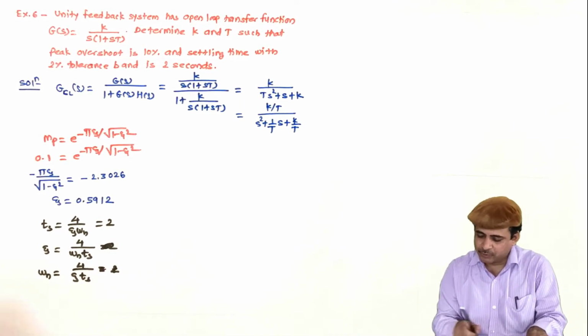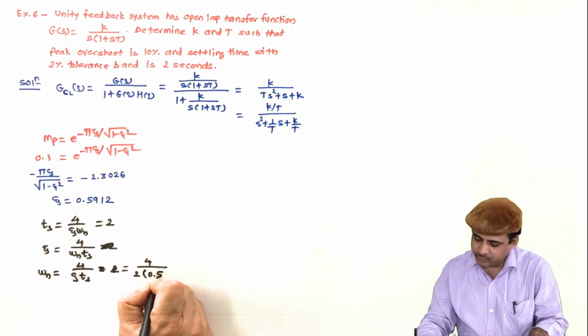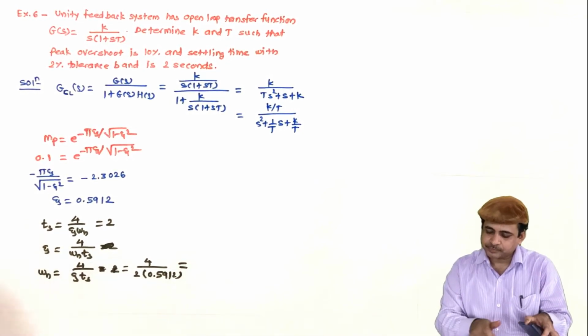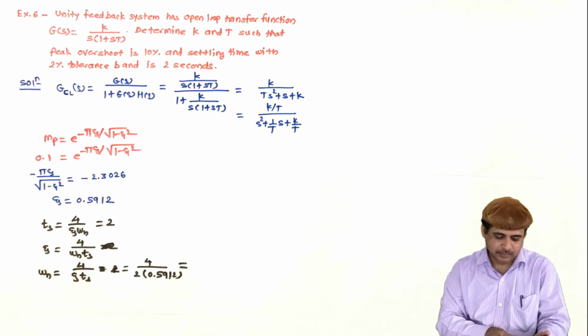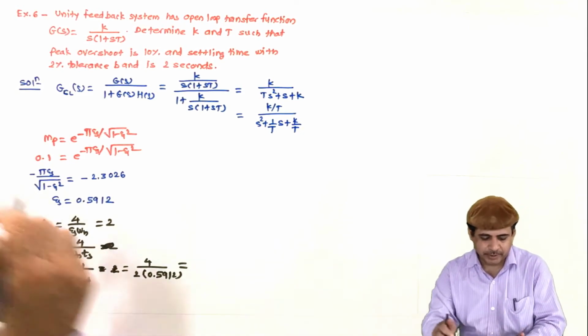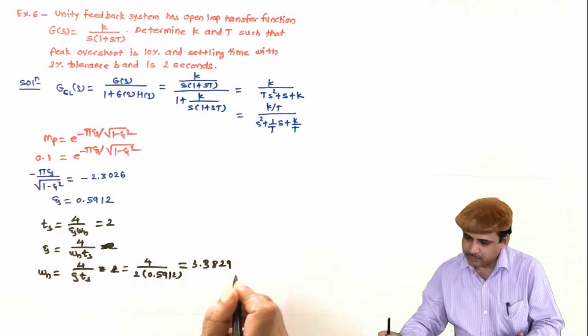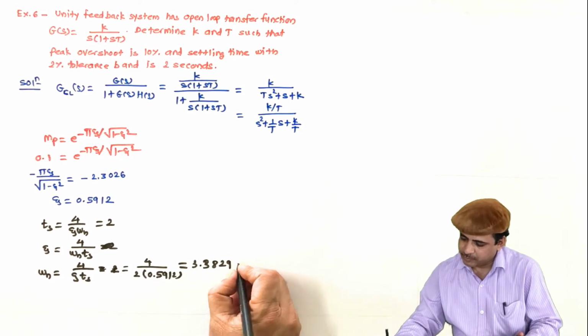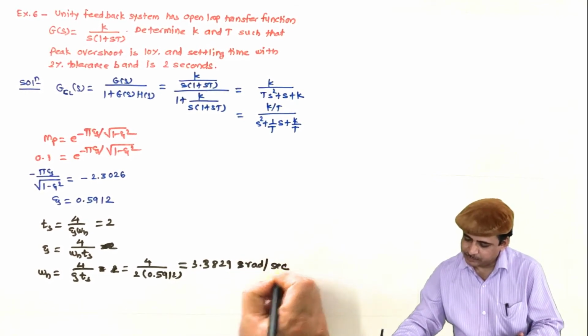So omega n will be equal to 4 upon 2 into 0.5912. So the value of omega n is 3.3829 radian per second.